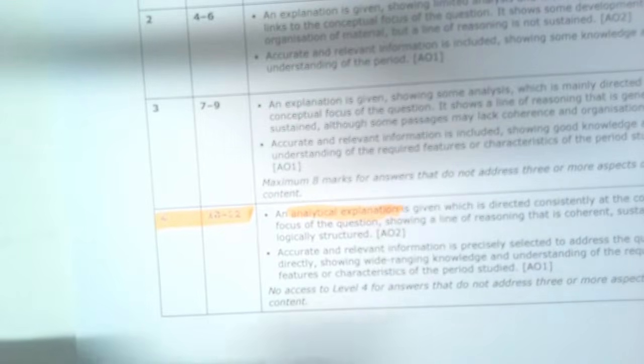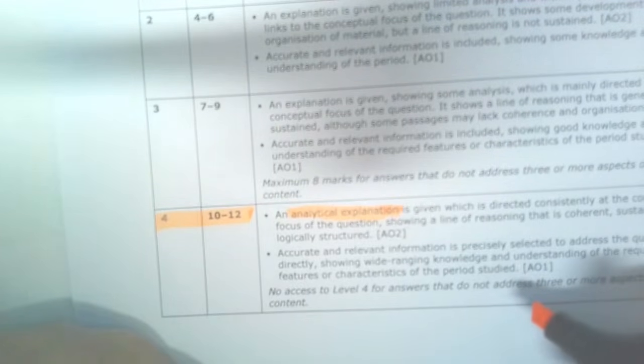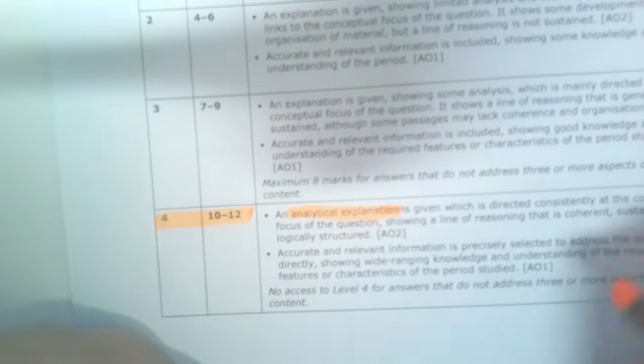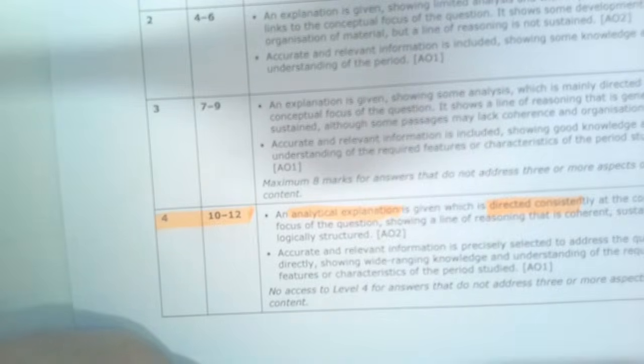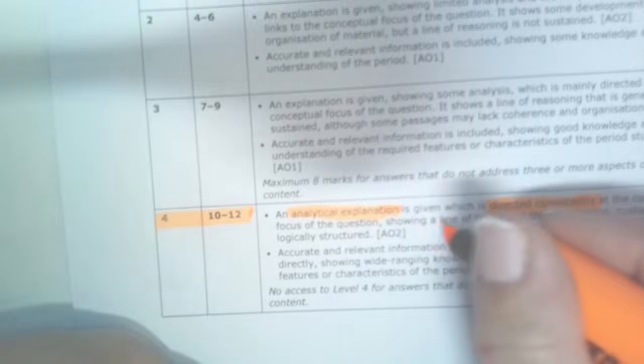Now, level 3 answers, which we'll look at when we get to the question 3A, are a lot more straightforward. But a level 4 answer, we need to make sure that we are giving a really good analysis in our answer as well, and I'll talk about that in a second. So it needs to be directed consistently at the question, and have a line of reasoning.